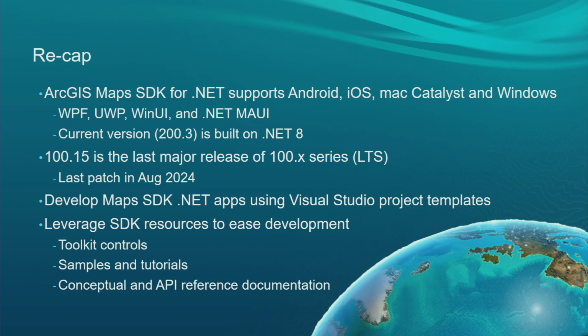So we have WPF, UWP, WinUI, Maui, of course. Our current version, 200.3, is built on .NET 8. Remember that 100.15 is our long-term support release. And so we're only releasing patches for that, so only bug fixes, no new functionality. And August of this year will be the last patch for the 100.15 series.